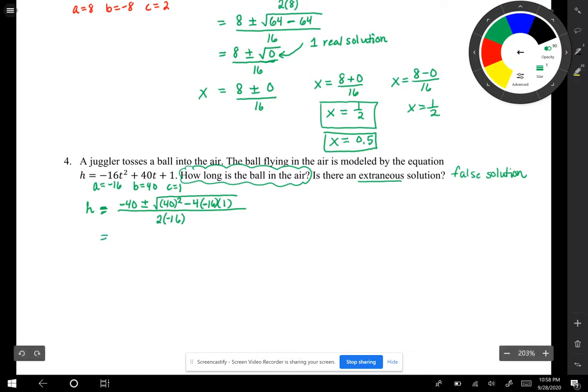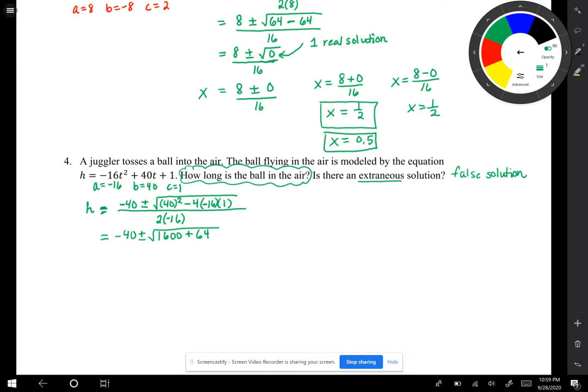Okay, so here we have negative 40 plus or minus, 40 times 40 is 1600. Oh, here's the first time we have two negatives. So you have a negative times a negative. That's a positive 64. Anytime you have an even number of negative signs, it's going to be positive.